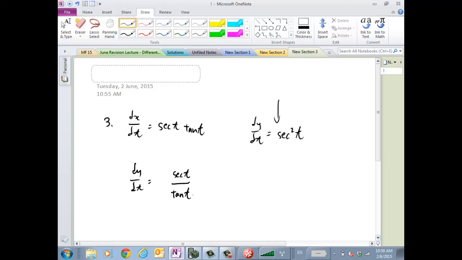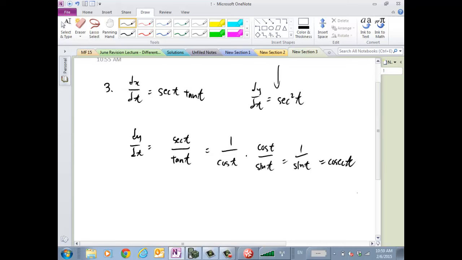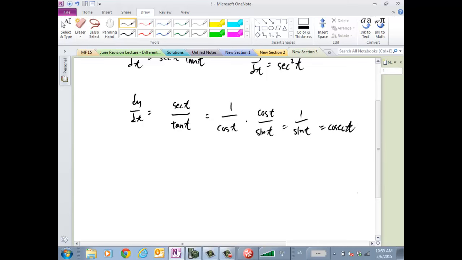How? If you cannot remember, just change it to sine and cosine, and it will become cosecant t. Make sense?